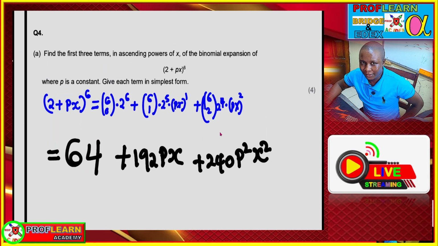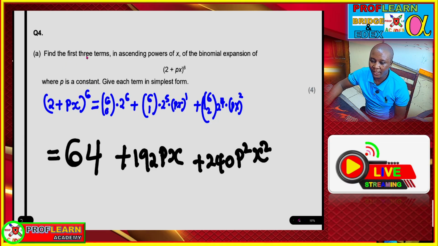Binomial expansion will be staring you in that particular exam. We are told to find the first three terms in ascending powers of x of the binomial expansion of (2 plus px) raised to power 6. Whenever you are going to do that, we say 6 combination 0 times 2 power 6. The power of 2 will be decreasing, the power of px will be increasing.